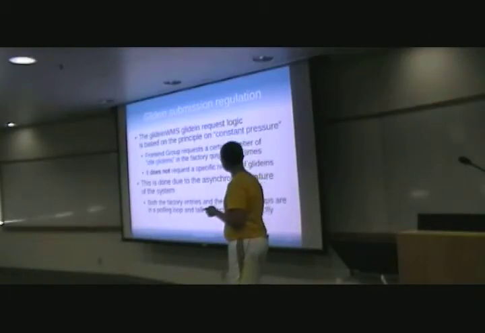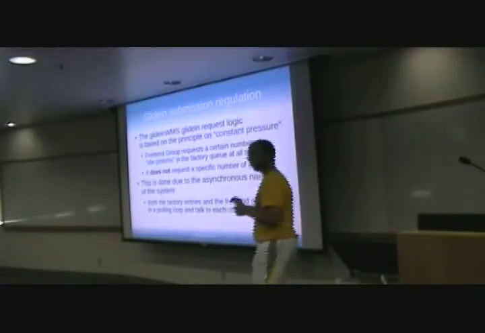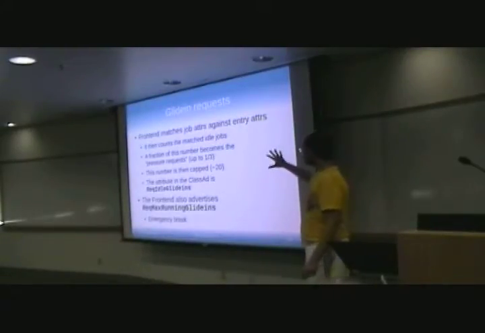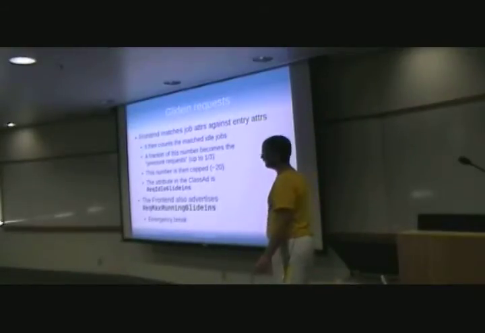I actually described this before, so I'll not go again about it. But it is something you have to remember when you try to understand how the protocol works. We don't ask for single glideins explicitly. We ask for a certain pressure to go to.